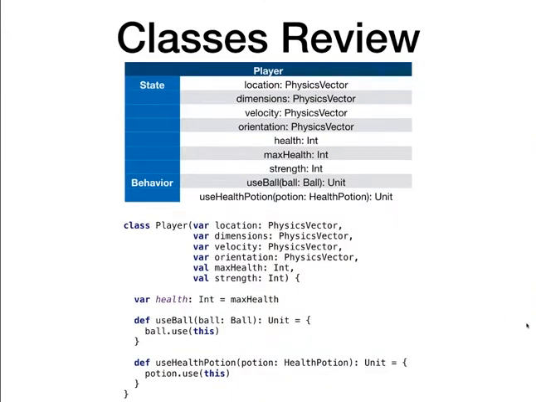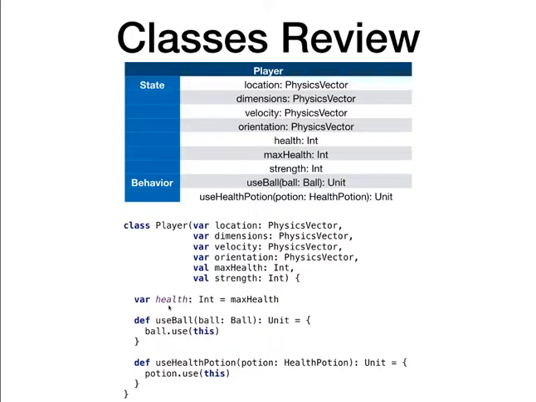We create a class, and any values that we want to initialize, allow the caller to initialize through the constructor. Any values we want them to initialize, we'll put them in the constructor. So any of these values, when you create a new player, you would set their starting location, how large is this player, their initial velocity, orientation, max health and strength, and then health, another state variable that we don't allow the creator to control.